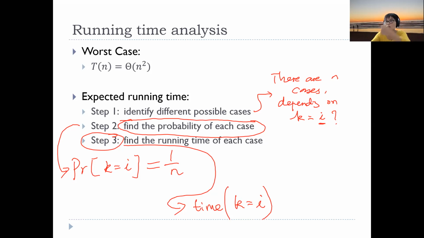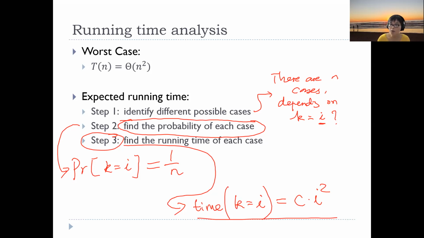It was c times k squared, proportional to k squared. So if k equals i, then the time is simply c times i squared. That's the running time of each case.